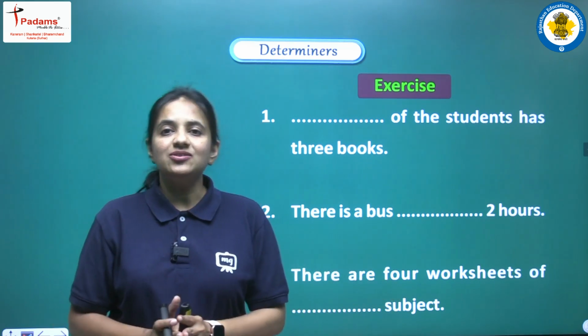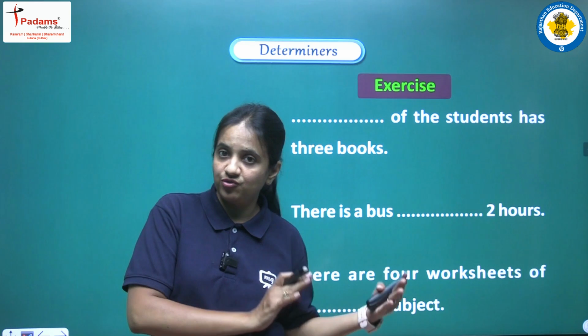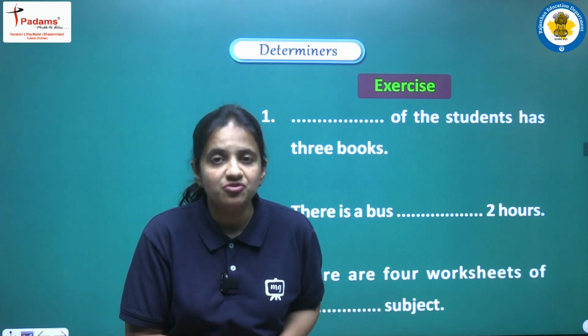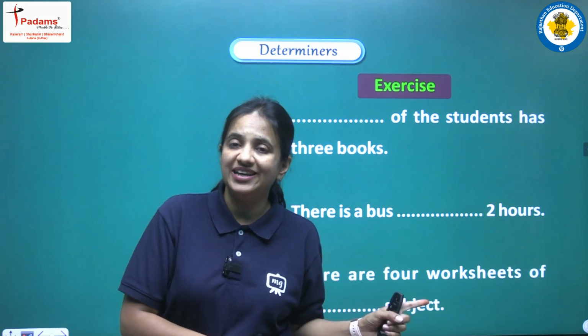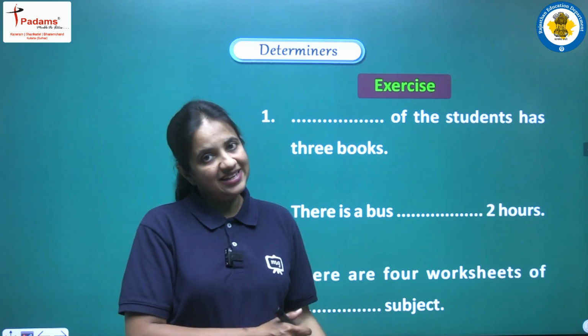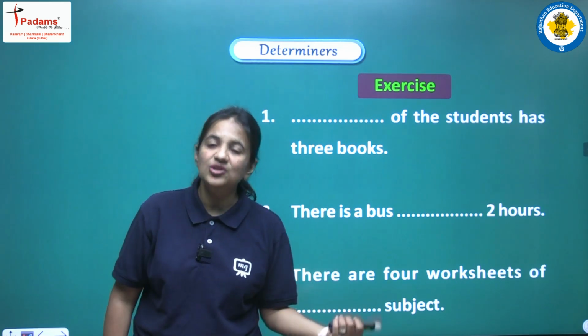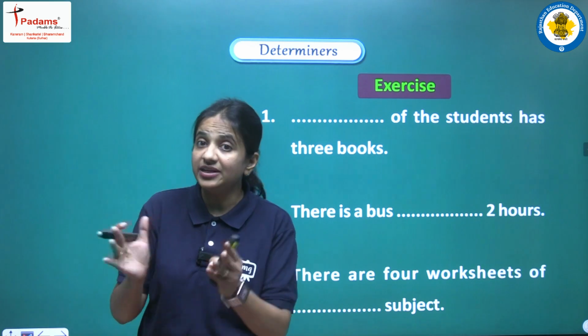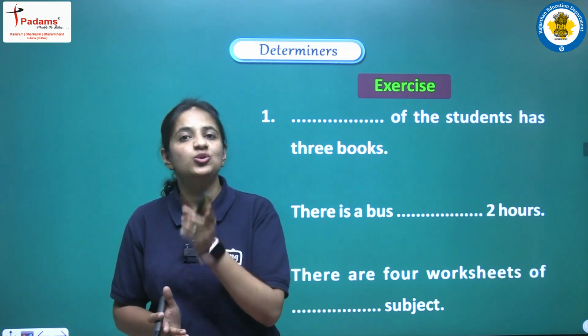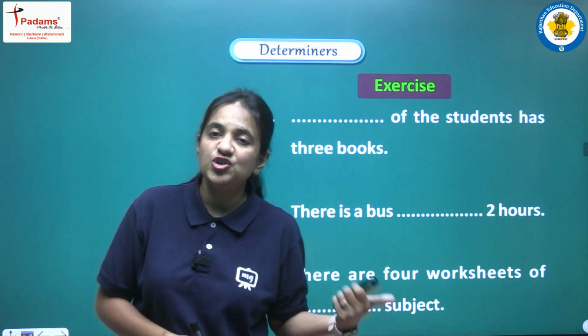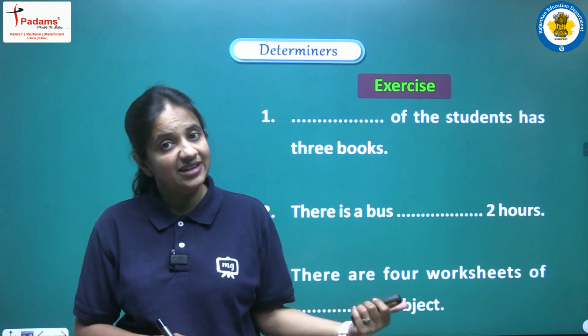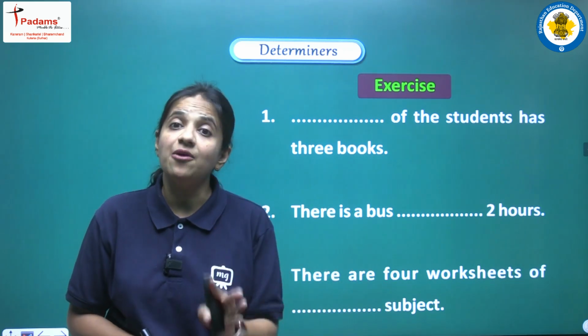Then we read some adverbs, and with those adverbs we have to use every only. Clear? And then we also discussed that if we are trying to indicate a limited number, then we have to use each, and if we are trying to show an indefinite or infinite number, then we have to use every.